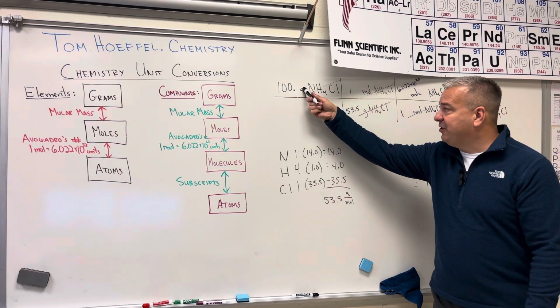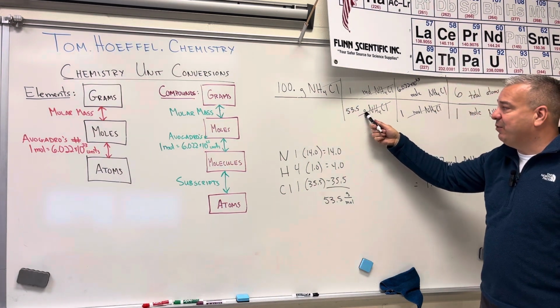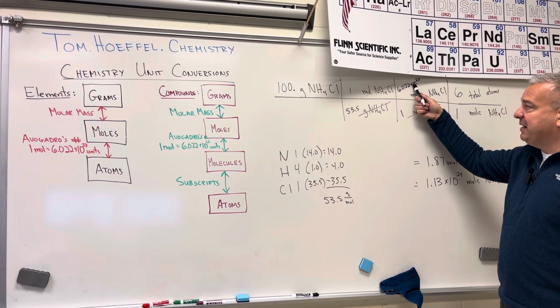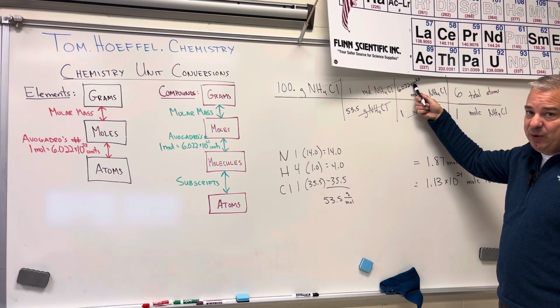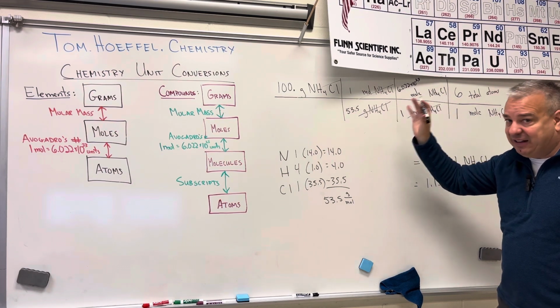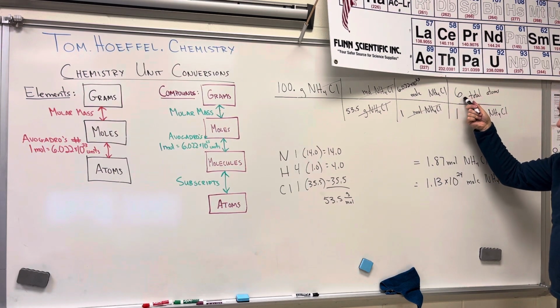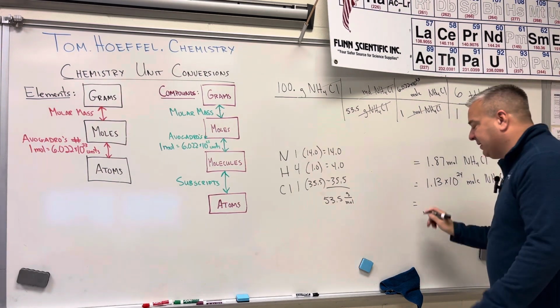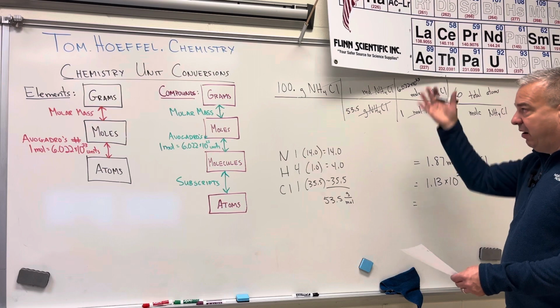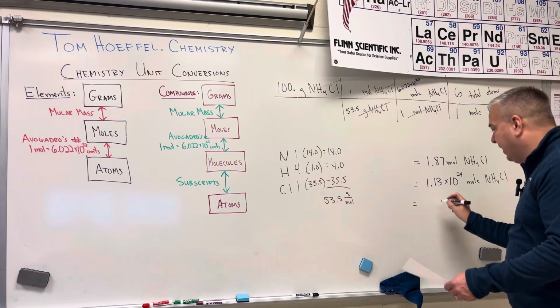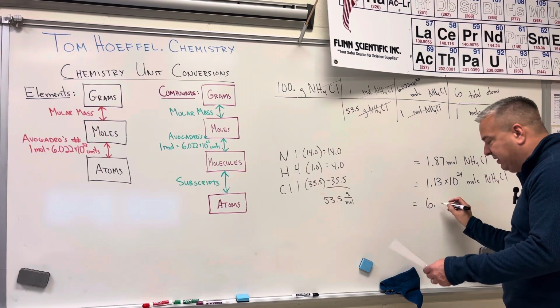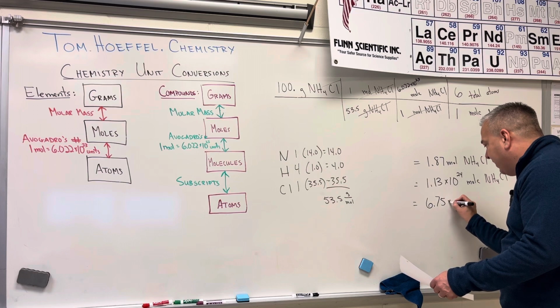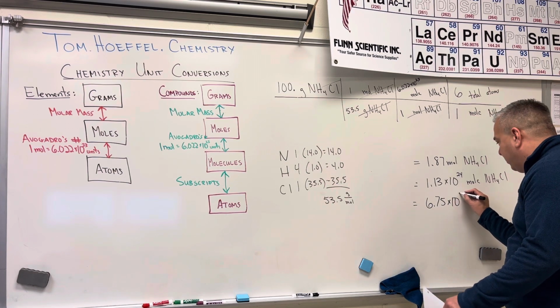That's a total of 6 atoms for every 1 molecule of ammonium chloride. So I take my 100 grams, divide it by 53.5, multiply it by 6.022 times 10 to the 23rd. If I already have that in my calculator, just leave it and then hit multiply by 6. That's going to tell us how many atoms total are in the 100 grams of ammonium chloride. And that answer comes out to be 6.75 times 10 to the 24.